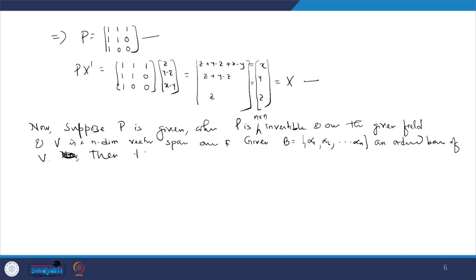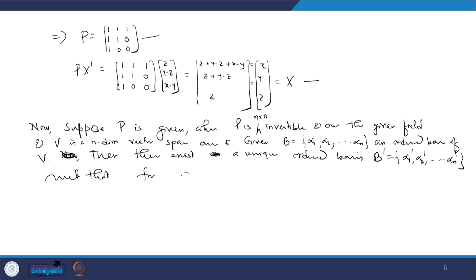Then there exists a unique ordered basis B prime consisting of alpha 1 prime, alpha 2 prime and alpha n prime, such that for any alpha belonging to V, the coordinate matrix of alpha with respect to B is equal to P times the coordinate matrix of alpha with respect to B prime, or P inverse times the coordinate matrix of alpha with respect to B is equal to the coordinate matrix of alpha with respect to B prime.